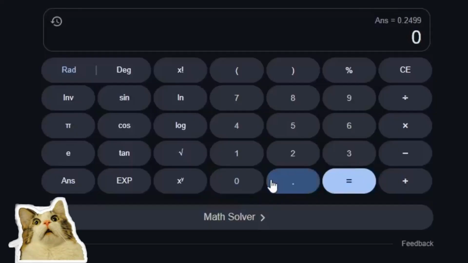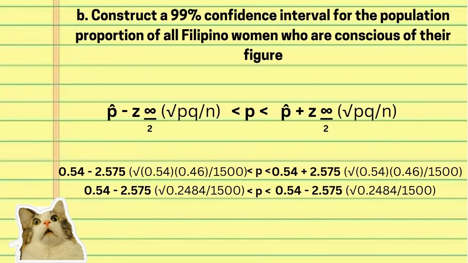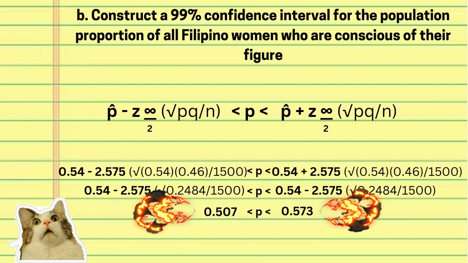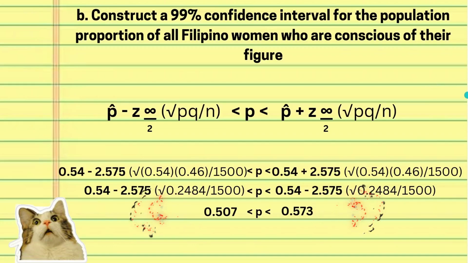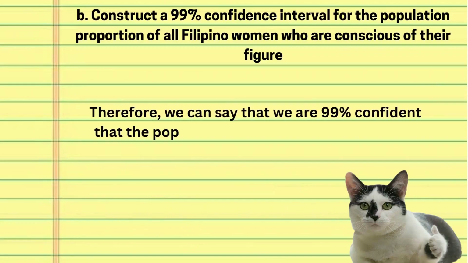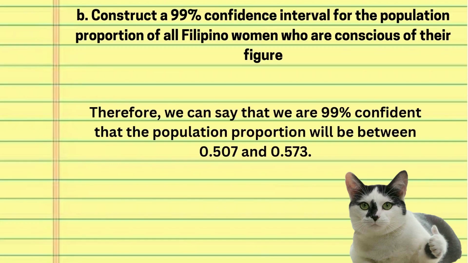So calculate 0.54 times 0.46, which is equal to 0.2484. So the answer is 0.507 and 0.573. Now to interpret, therefore we can say that we are 99% confident that the population proportion will be between 0.507 and 0.573.